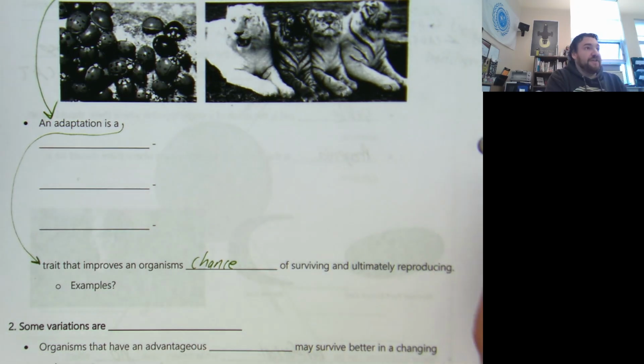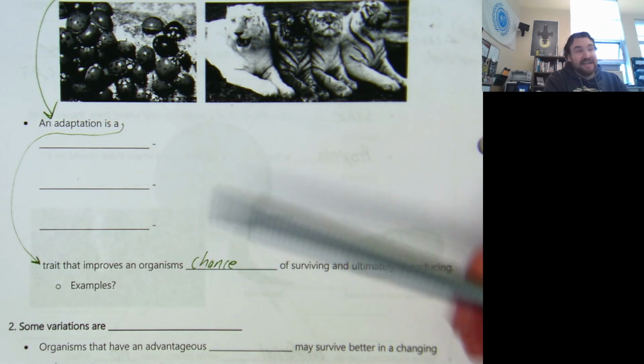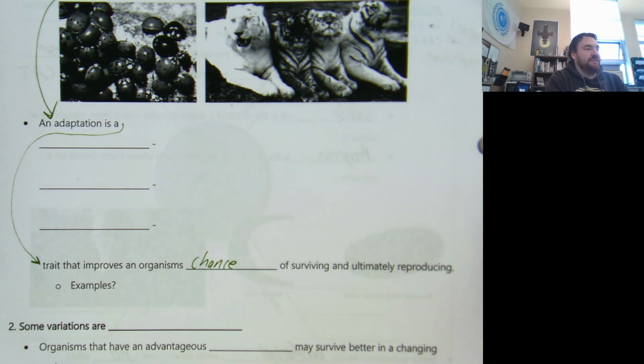So there are different kinds of adaptations. We're going to go through the 3 kinds of adaptations. Give me an example of an adaptation, and I will give you the kind of adaptation that it is. Preferably not. Which one were you going to use?